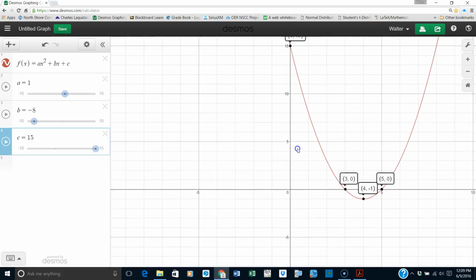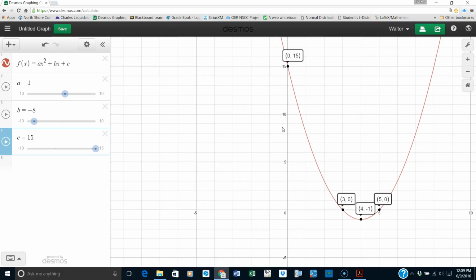Our y-intercept is (0, 15), and we do get a vertex of (4, negative 1). So making a quick graph on Desmos using the quadratic function and changing the parameters to what we have in the function allows us to check our work and our graph.